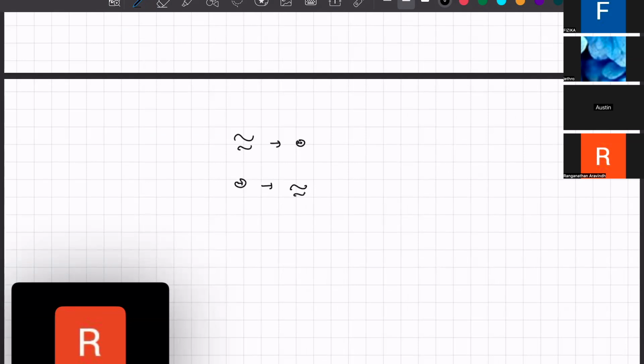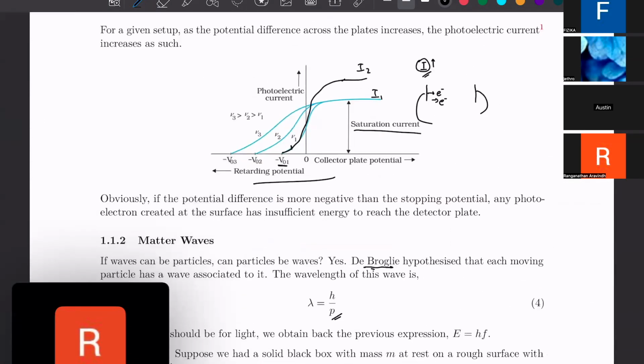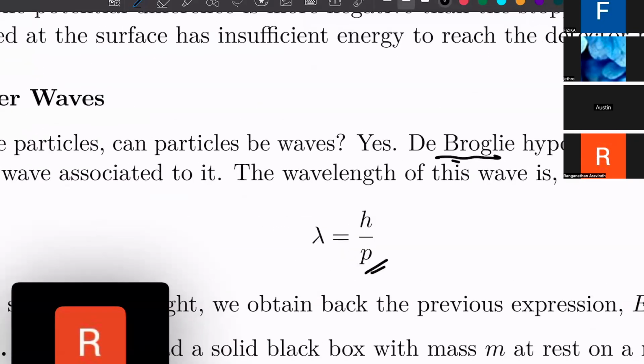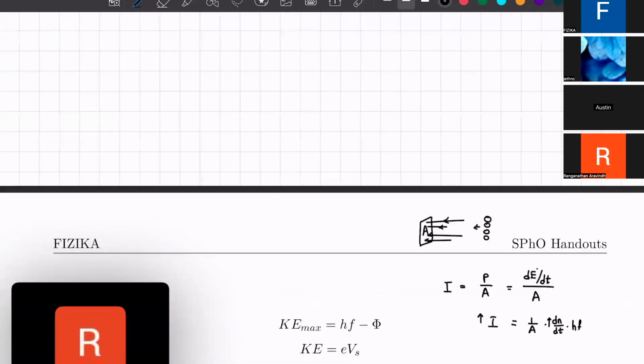That's a big brain move. Okay, and this is the relationship that he derived. I don't know how much is derived, because this feels pretty first principles.